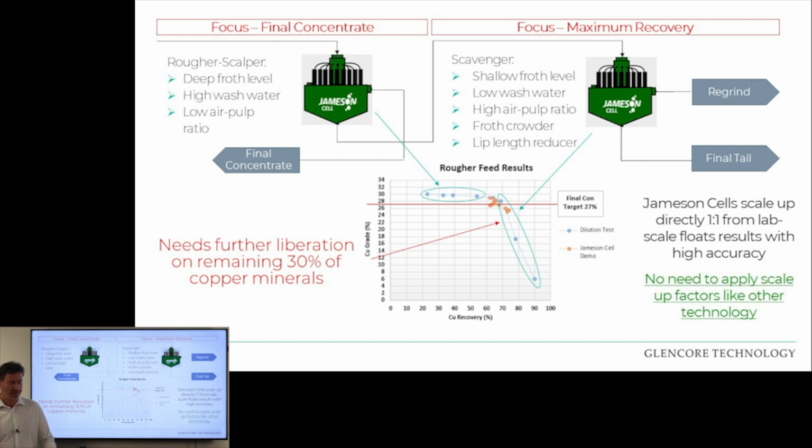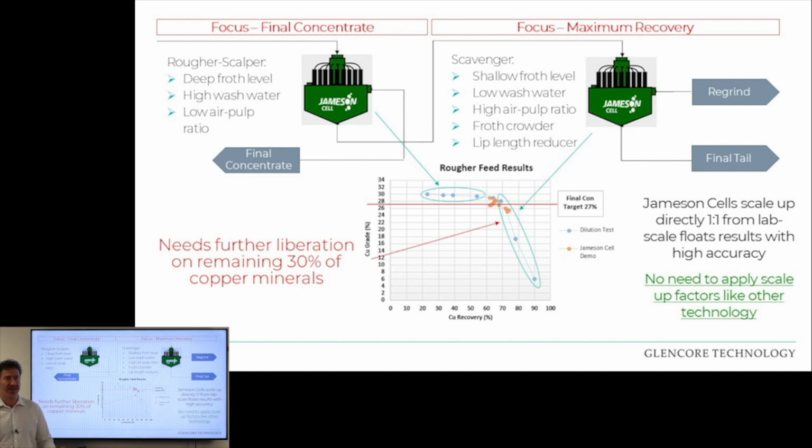Now we split this, and what we do is we try to achieve a final concentrate grade in the first step, getting the fast floating, highly liberated minerals that are present on the left side of the grade recovery curve. We try to scalp off these highly liberated minerals in the rougher scalper duty, first with deep froth level, low air, and high wash water ratios.